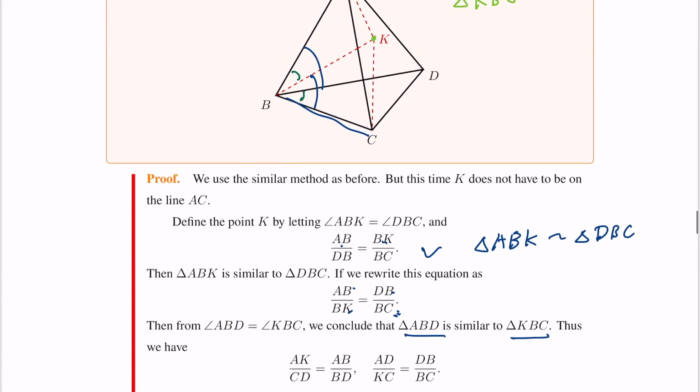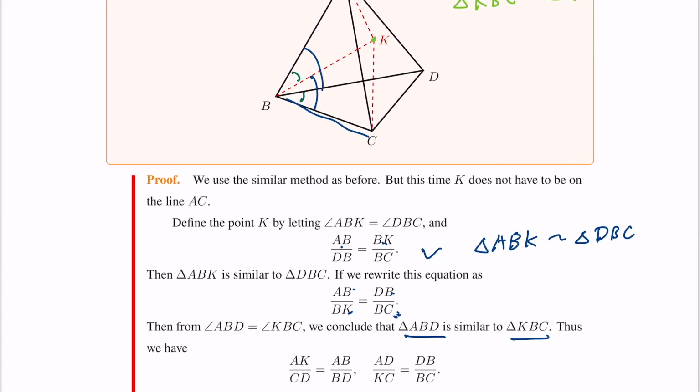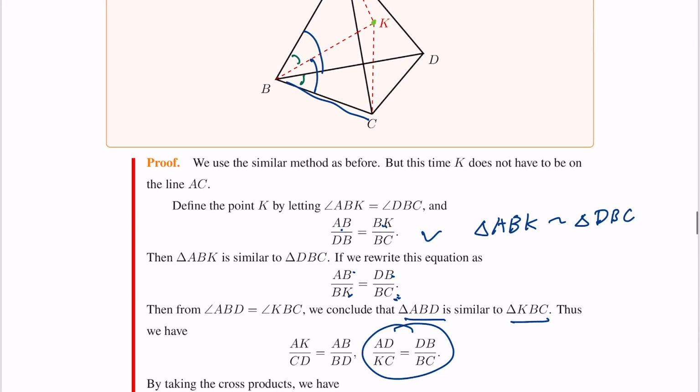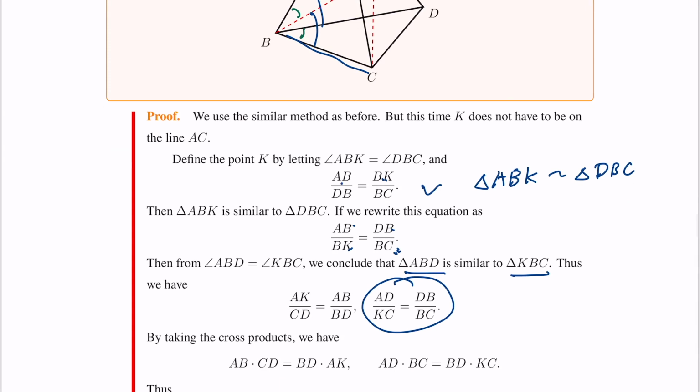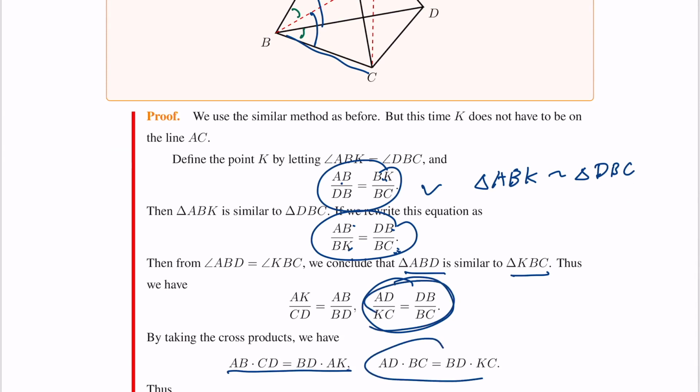So once they are similar, we have AD over KC is equal to DB over BC. Very good. Taking the cross product of this, we will get this, and taking the cross product of that, we will get that.